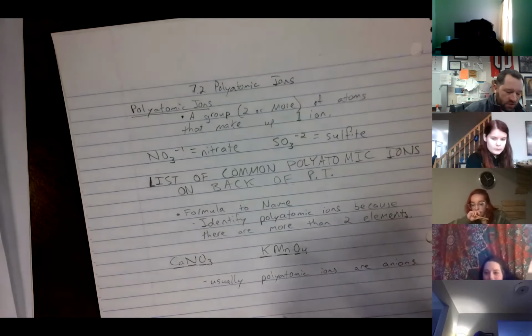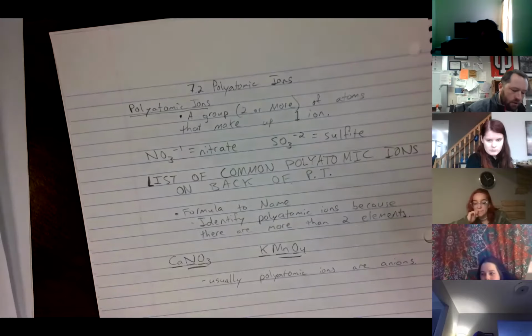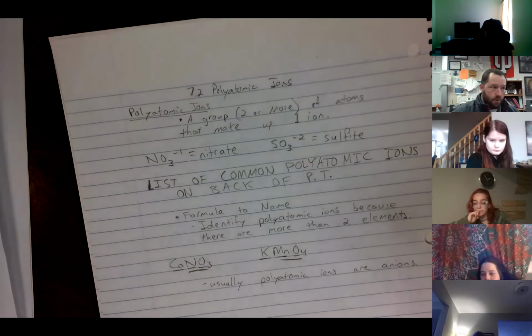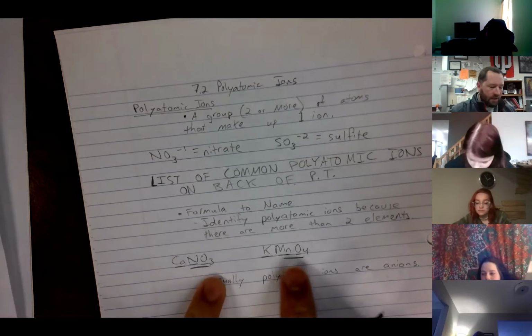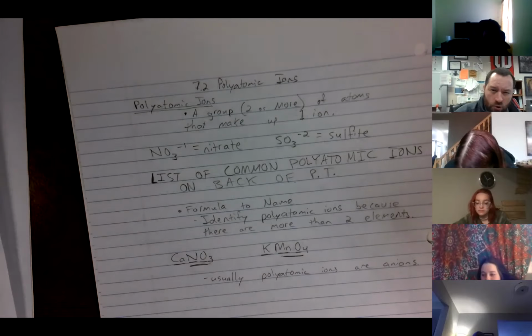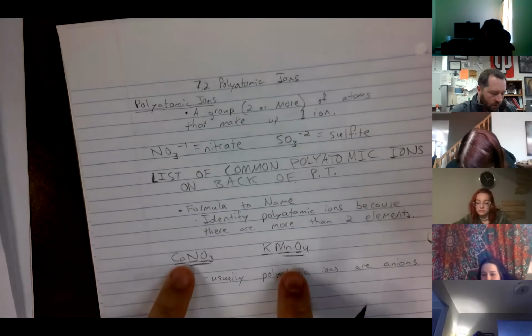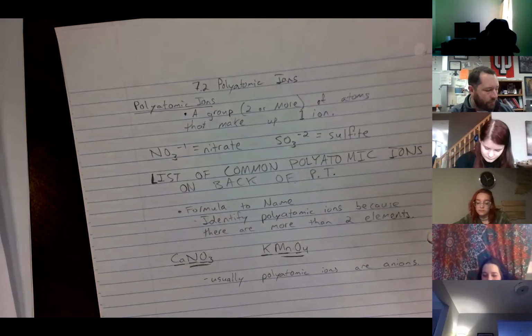So they're almost always the second half of the compound. The first half is almost always a metal, positively charged. And then that second half is your polyatomic ion. So hopefully that helps to identify them, knowing that you have more than two elements, and then it's almost always the back half of the compound.